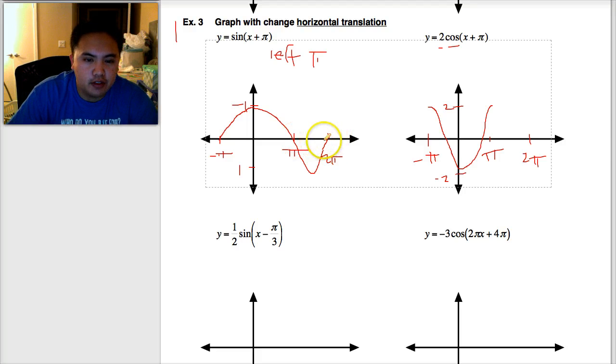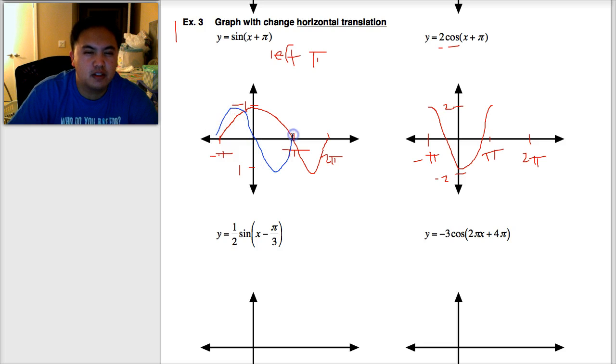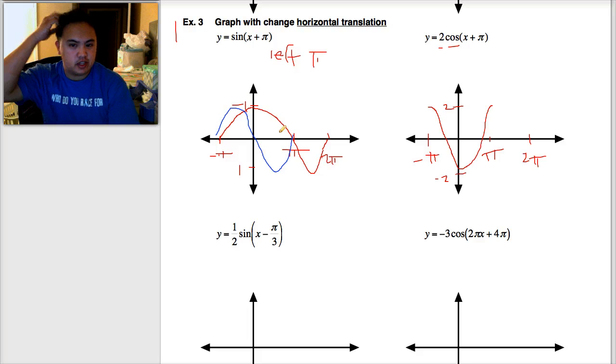It should end to the left one, if that makes sense. So forget this graph that I did for you guys. I made a mistake. What it should look like is like so. I'm going to go up to the amplitude, back down to 0, and up to pi. So that was my mistake. Sorry if I confused you guys.